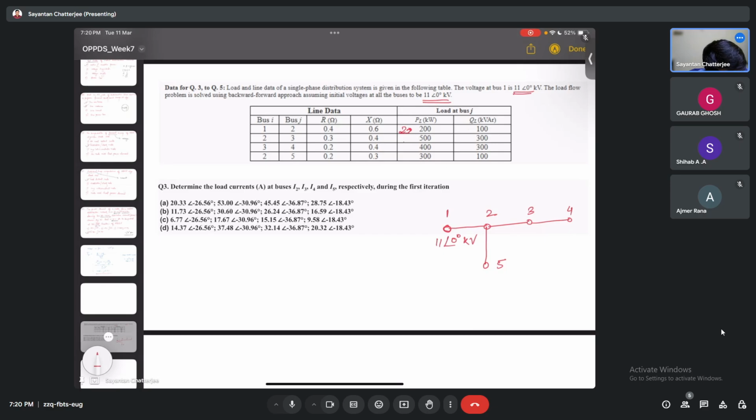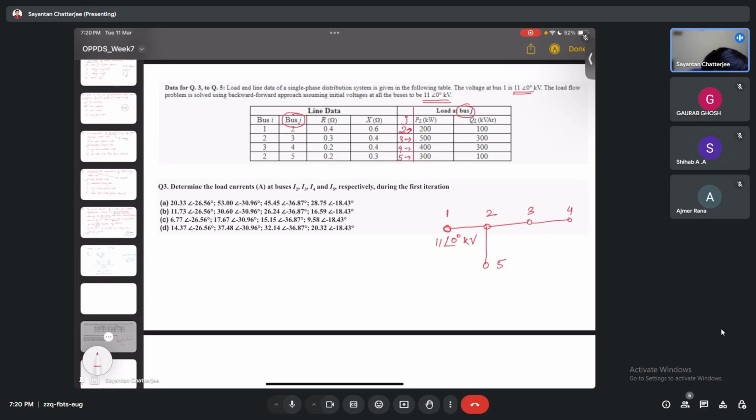This row is for bus 3, this is for 4, and this is for 5. I think it's clear. Can you repeat, sir? Here it is given load at bus J, and what is J here? This one is J. I have just written these values from J, right? Okay. 2, 3, 4, and 5.